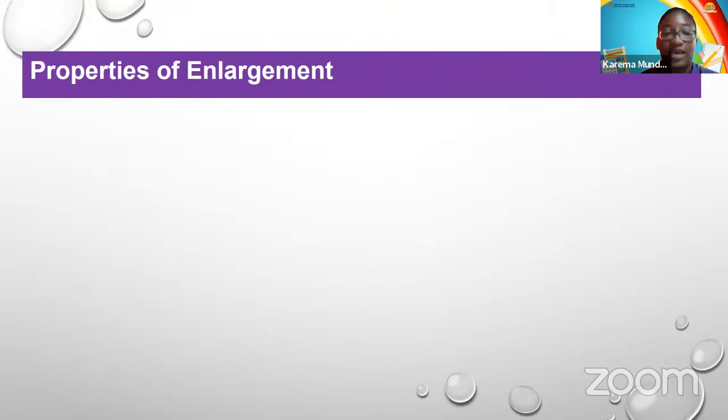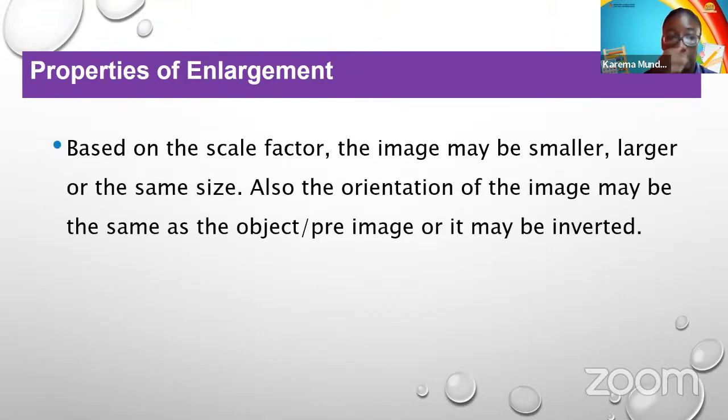So basically, the scale factor tells us the image may be smaller, which we saw with the half case. The image may be larger, which we saw with the case of scale factor 2, maybe the same size, which we saw with scale factor 1. But we also saw that the orientation may be changed.